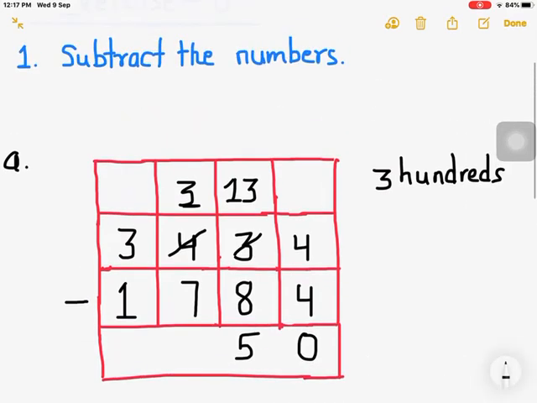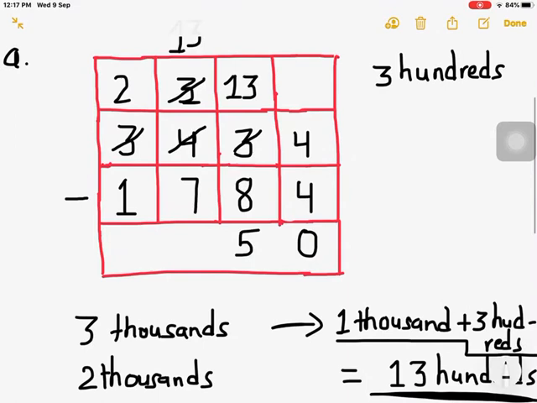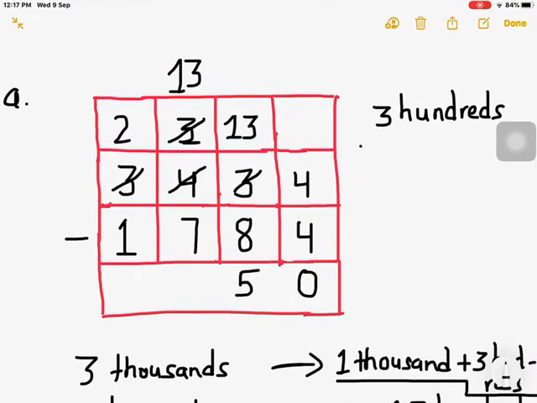Now here we have 13, and in the thousands place 2000, okay. Now we have to subtract 7 from 13 here. Now 13 minus 7, what is the difference here? 13 minus 7 is 6, so write down 6 here. Understood?